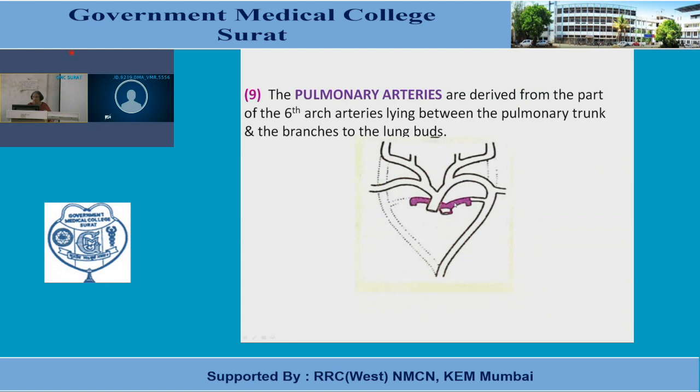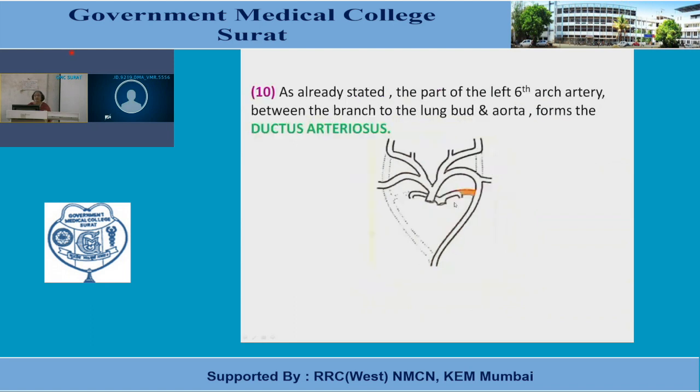Okay. Now about what was already stated, the part of the left. This is the right side, this is the left side. The orange color indicates the left sixth arch artery between the branch to the lung bud, this downward arrow, and the aorta, which forms the ductus arteriosus, right? So what is the ductus arteriosus?